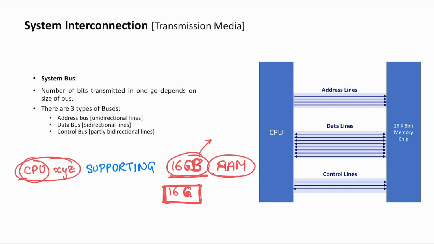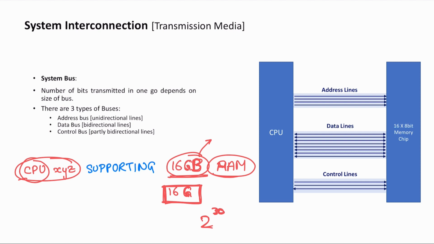What is giga? Giga is 10 to the power of 9, right? I'm so sorry, just a second, it is 2 to the power 30, okay?